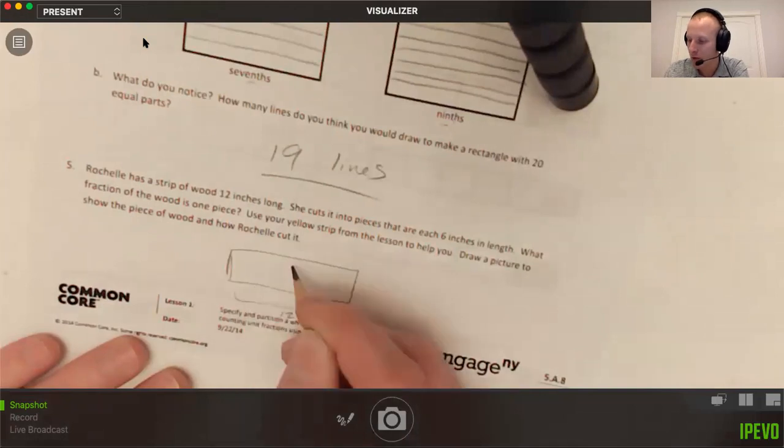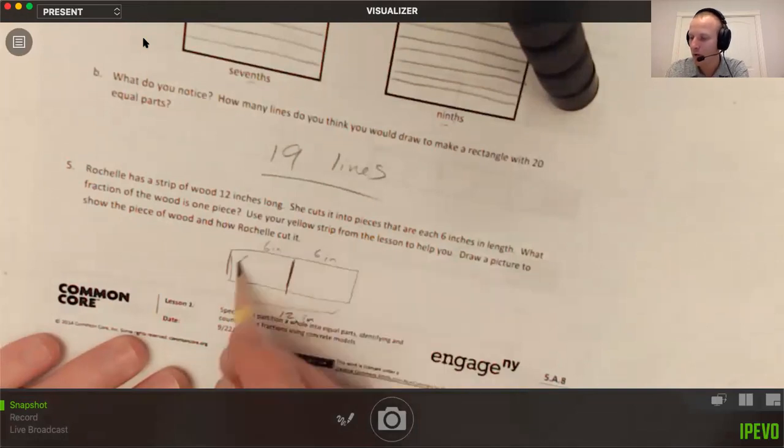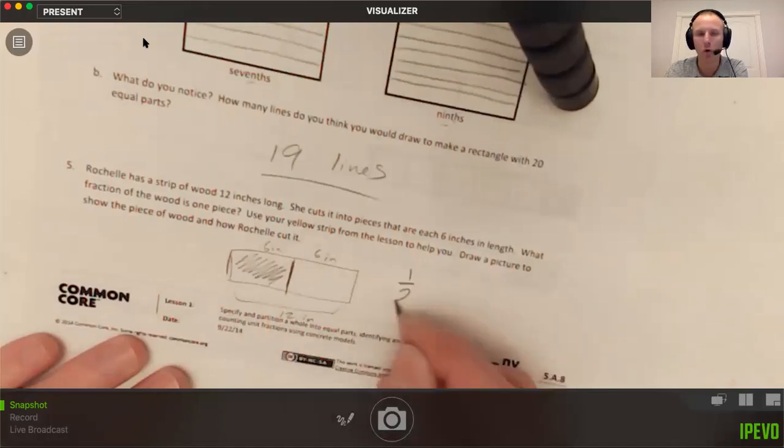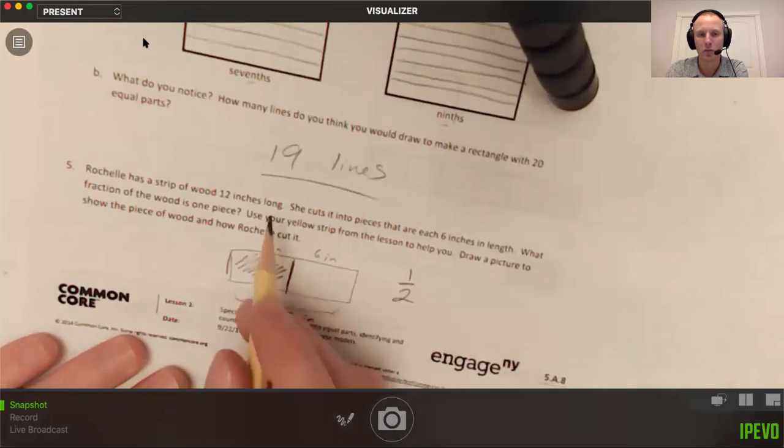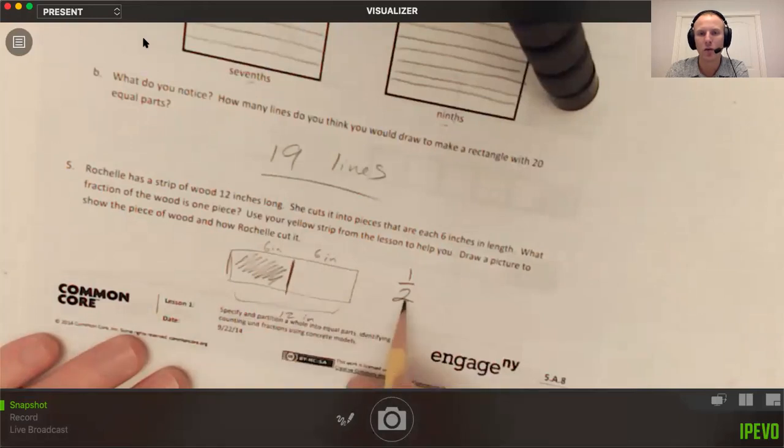I'm going to split it into 6 inches and 6 inches. One of the 2 pieces is 6 inches long. It's 1/2 of the whole piece of wood. 6 plus 6 is 12. So I know I only need 2 pieces. So my total is 2 pieces, and I'm only talking about one of them right now.